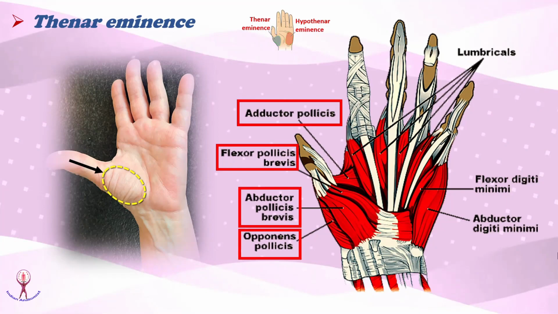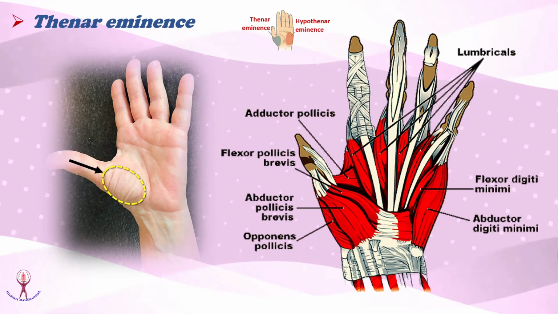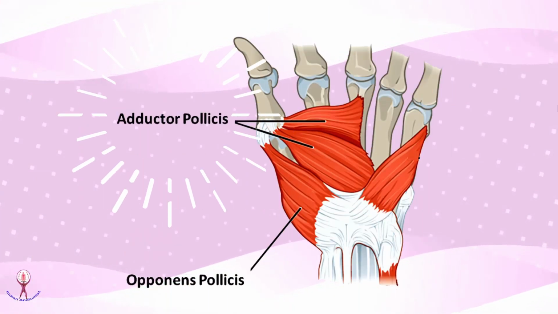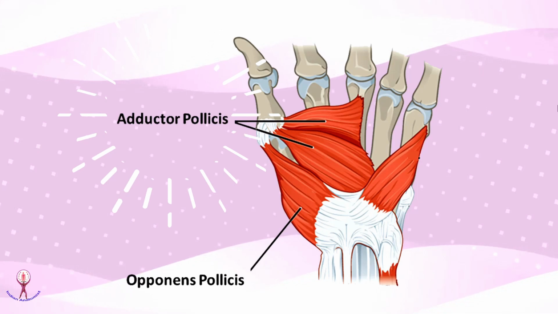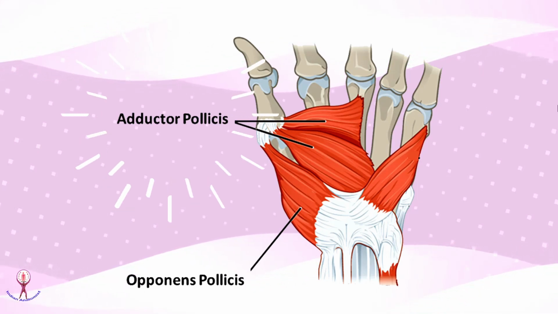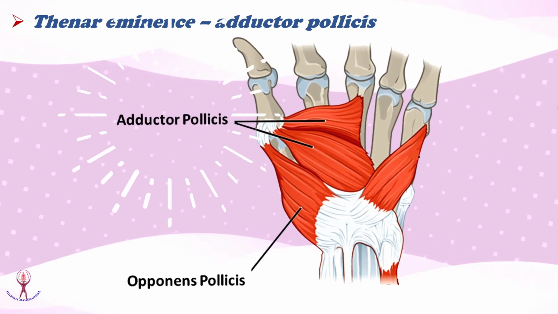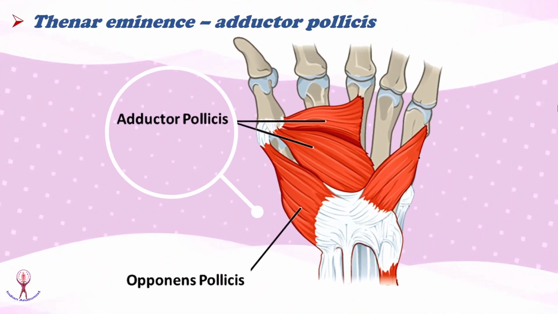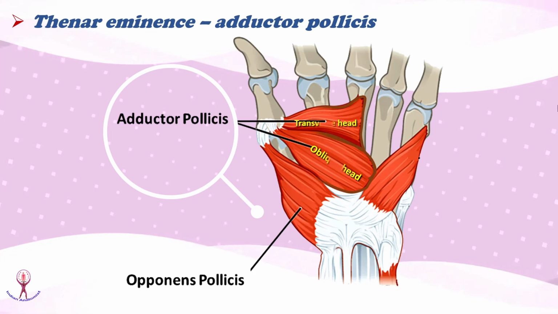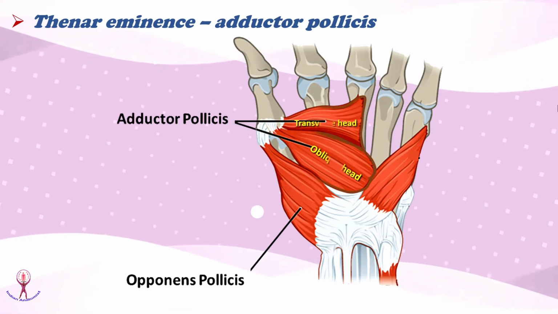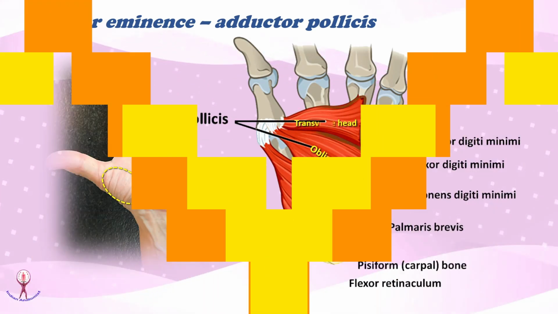They are abductor pollicis brevis, flexor pollicis brevis, opponens pollicis, and adductor pollicis. It is essential to be aware that the Thenar Eminence, containing the adductor pollicis, is responsible for adduction of the thumb. Few anatomical textbooks omit the adductor pollicis muscle from the Thenar Eminence because of its variable nerve supply.